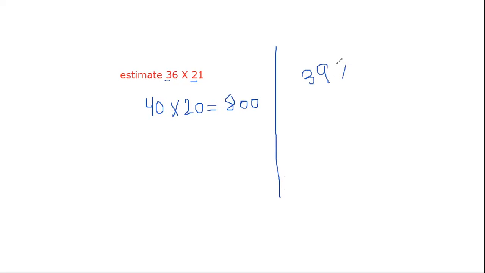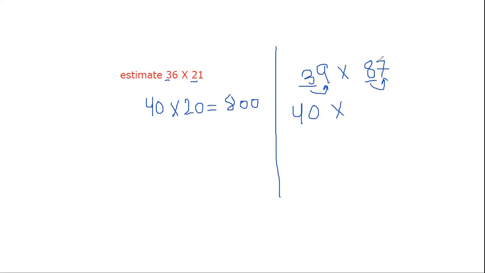Another example, if I told you estimate 39 times 87. At first, you need to round these two numbers. Now this will become 40. Why does it become 40? Because I need to look here. This is 9, so I'm adding a 1 here, and this will become a 0, so it will become 40. Now the 87, I'm looking here, I'm finding it's 7.